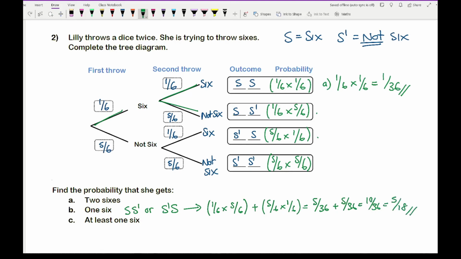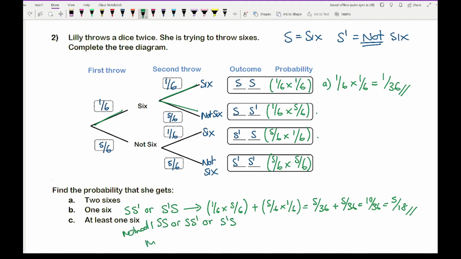And then finally, at least one 6. Well, that's going to be either the first, second, or the third option, or everything basically that I don't want, which is 2 not 6s. So I can either work this out as doing S and S, or S and not S, or not S and S. That's method 1.